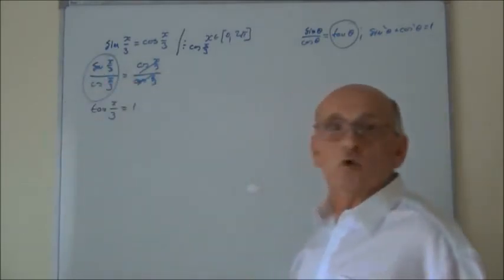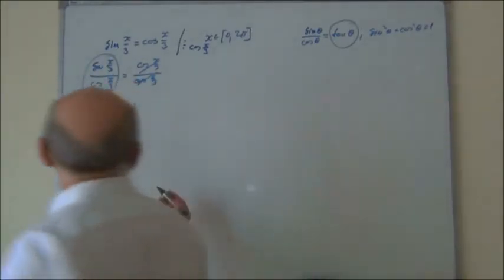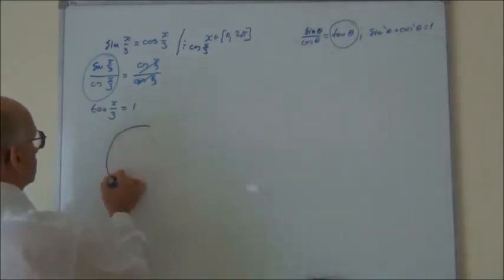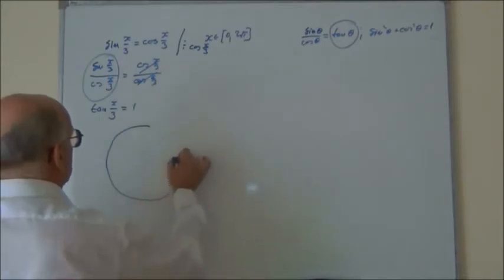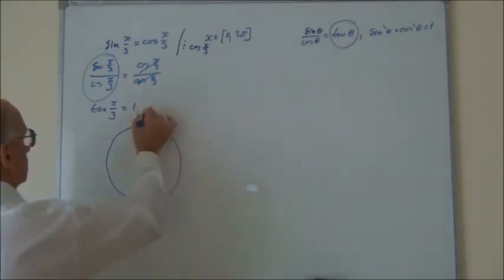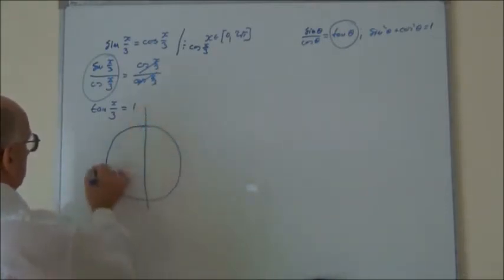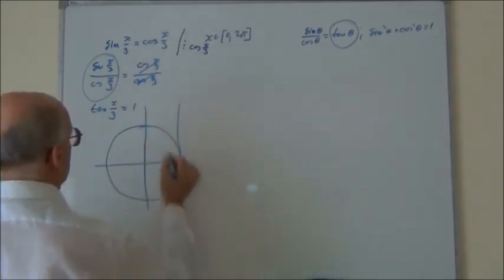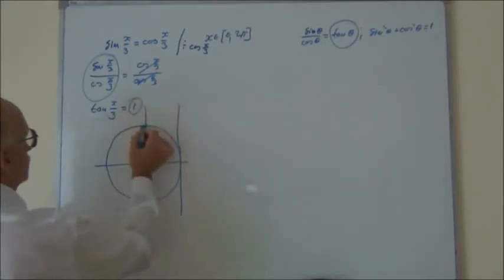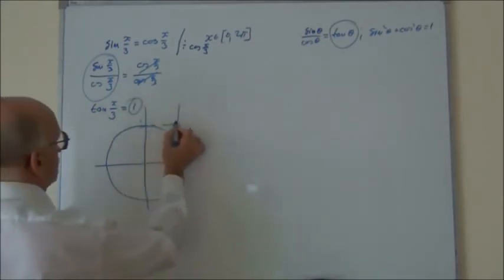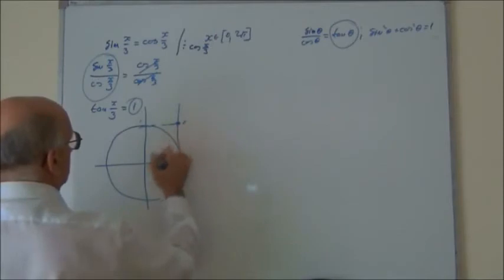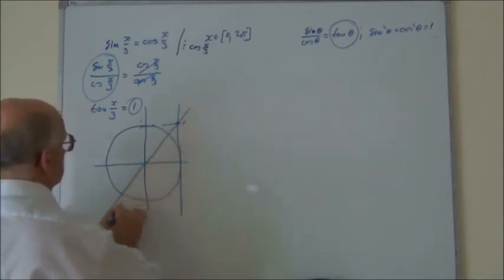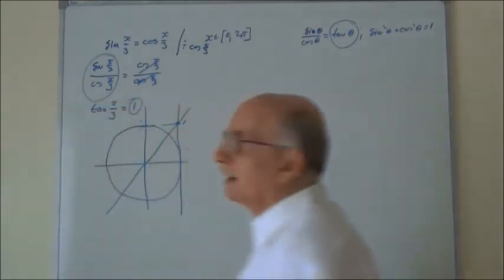and now we are simply solving just the equation tangent x on 3 equal 1. Of course, we need a unit circle just to see what we are doing. Tangent is here on this line, and equal 1, so this is 1, and that is our angle.